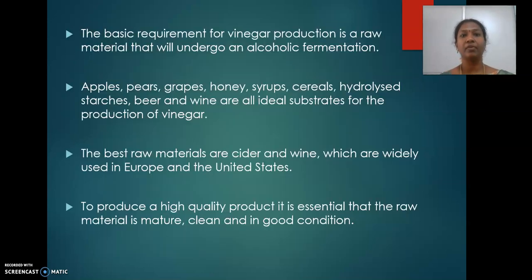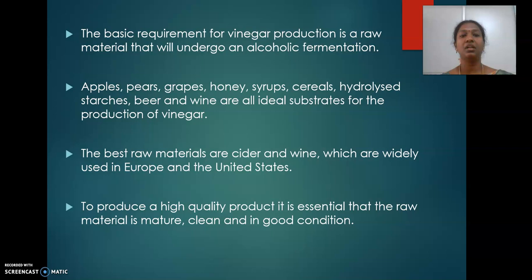The basic requirement for vinegar production is a raw material that will undergo alcoholic fermentation. Usually we use apples, pears, grapes, honey, syrup, cereals, and hydrolyzed starches, and beer and wine are also ideal substrates for the production of vinegar.